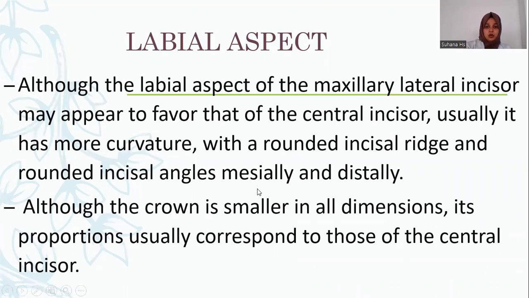Although the crown is smaller in all dimensions, its proportions usually correspond to those of the central incisors. Here we can say that the crown is smaller in all dimensions, but when we consider the central incisor, they are smaller but have the same form as the central incisor.